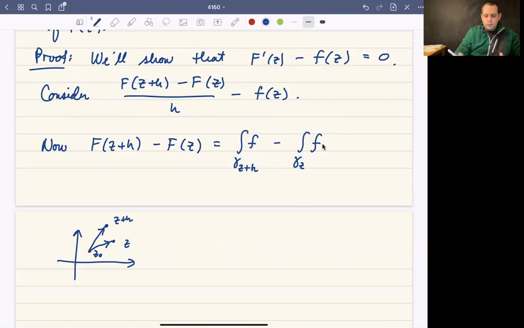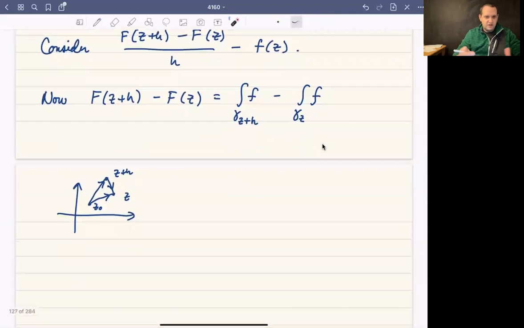And what we really want to think about is going from z plus h to z. So we're really going to look at that piece. And if you think about it, this is going to be the integral from z naught to z plus h minus the integral from z naught to z. If you just think about vector subtraction, that should be a natural enough idea for you there. Even though these aren't quite vectors, they're paths, but same idea. And so that's what this is going to work out to.